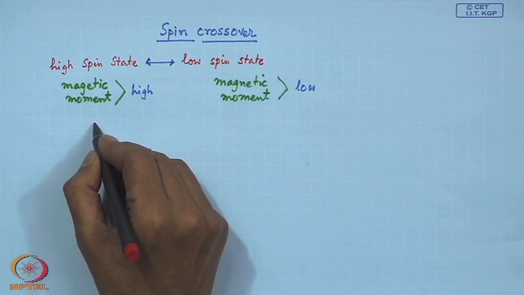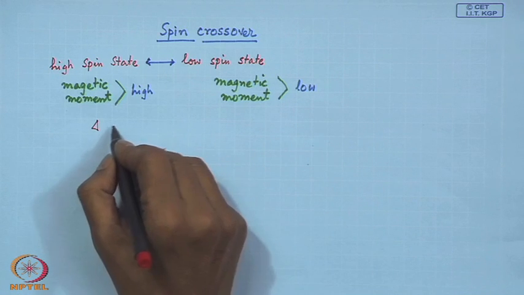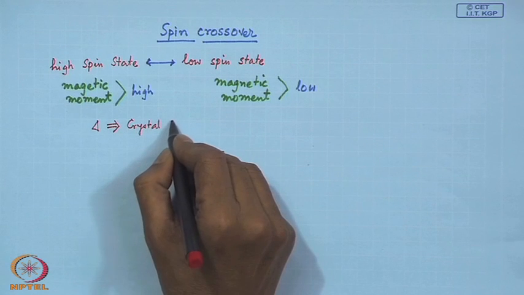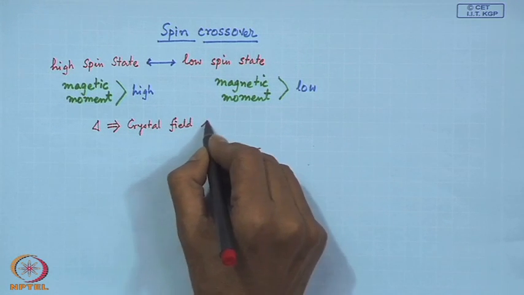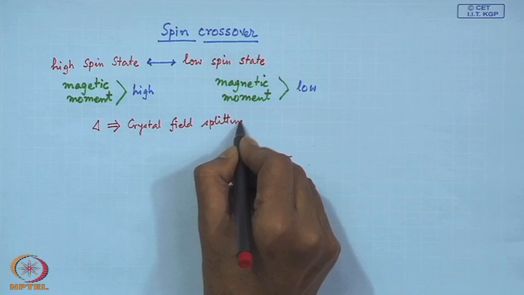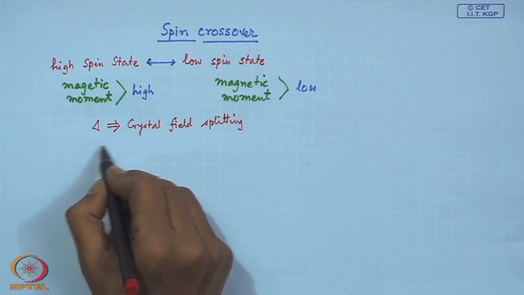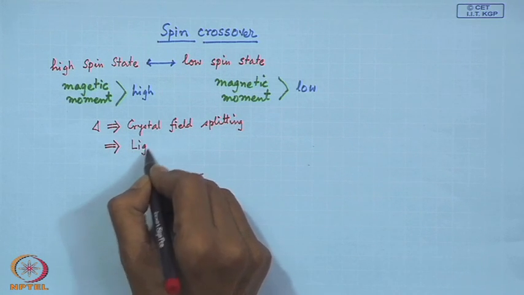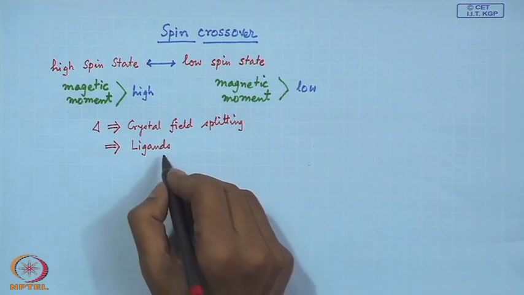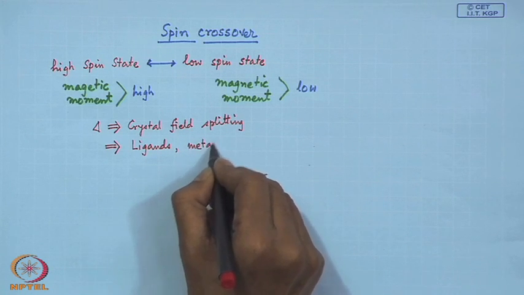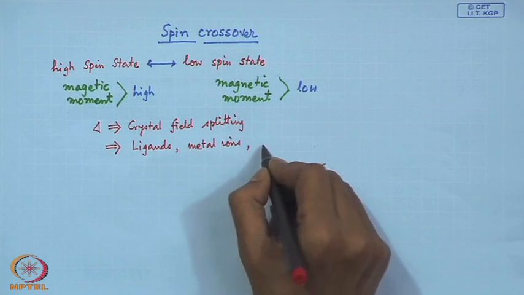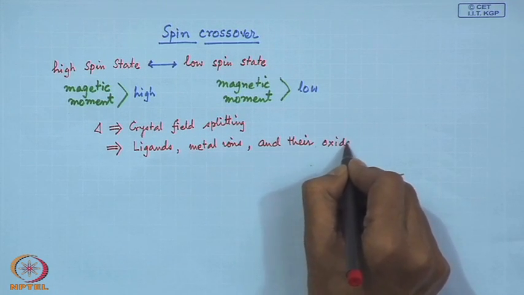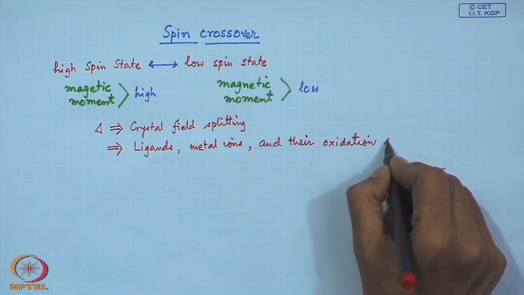It can be dependent on the crystal field splitting, and also the different nature of the ligands, that means the ligands as well as the metal ions and their oxidation states.